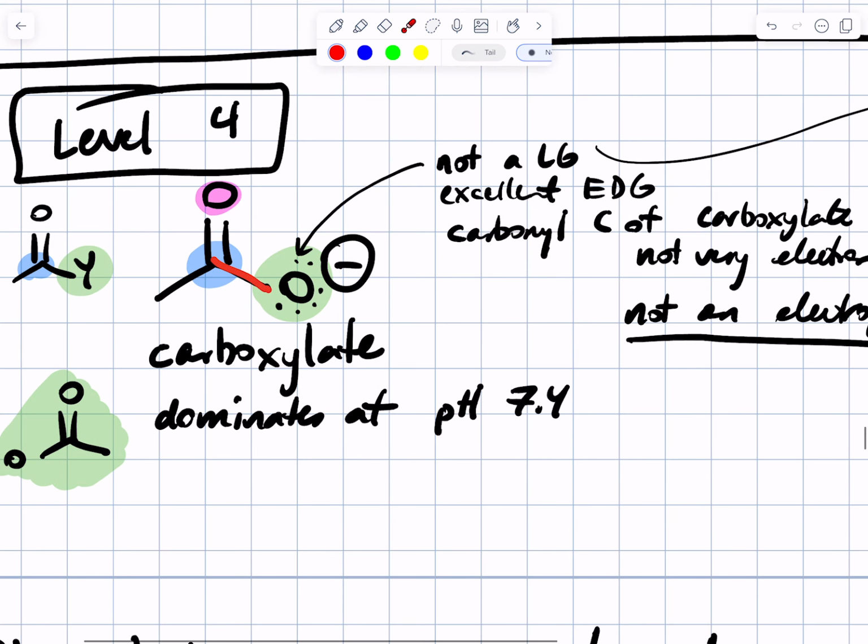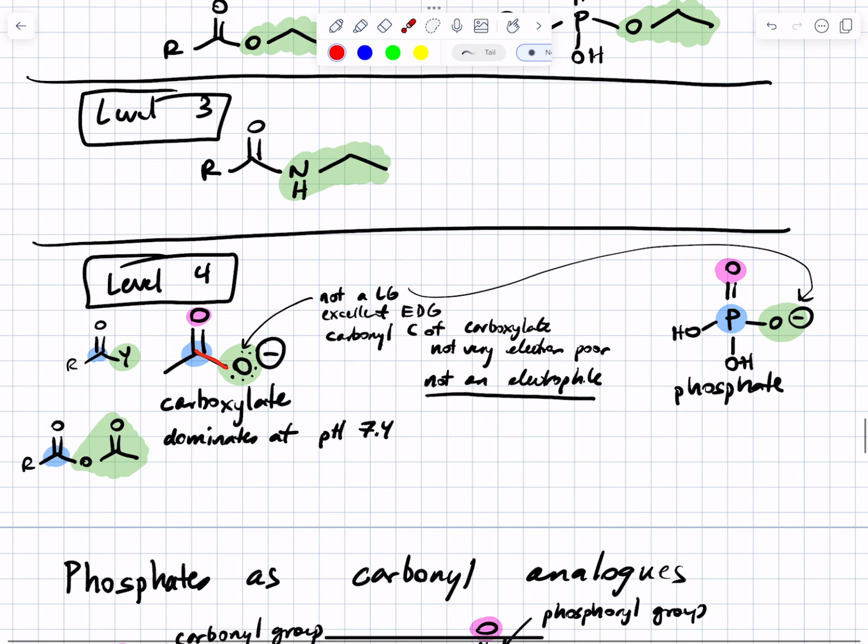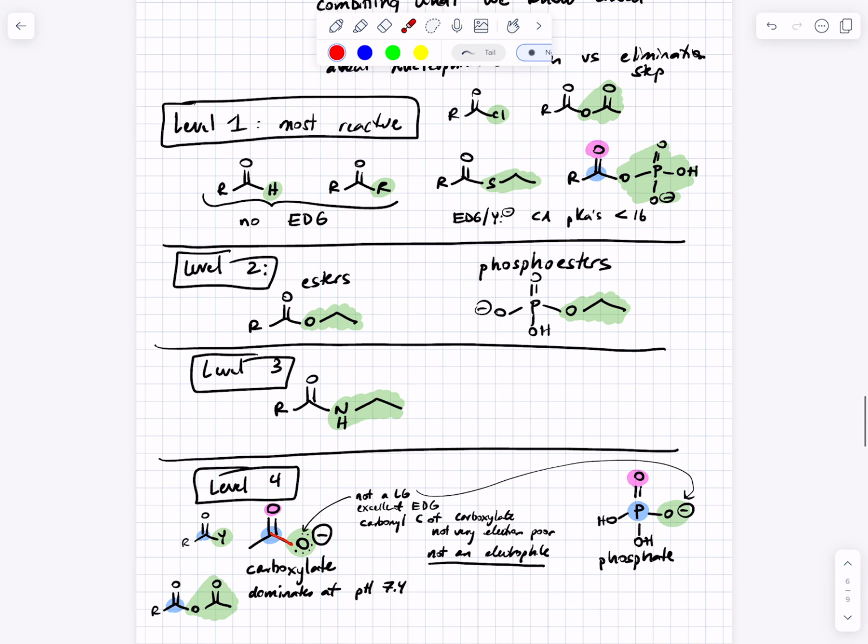The carbonyl carbon in the carboxylate is not electron poor because you have this adjacent negative charged oxygen that donates electron density into it. And so the carboxylate is the low end of our ladder of compound electrophilicity. Carboxylates aren't good electrophiles. Okay, questions about that ranking?